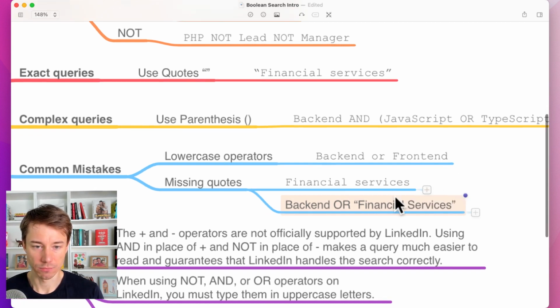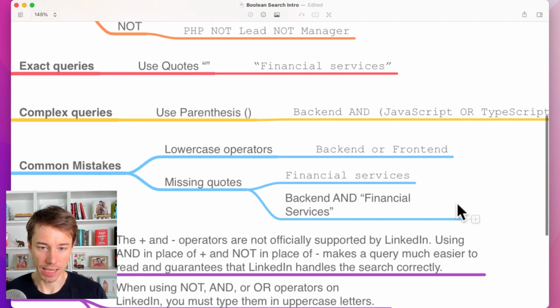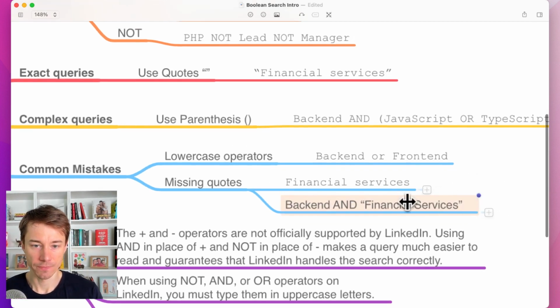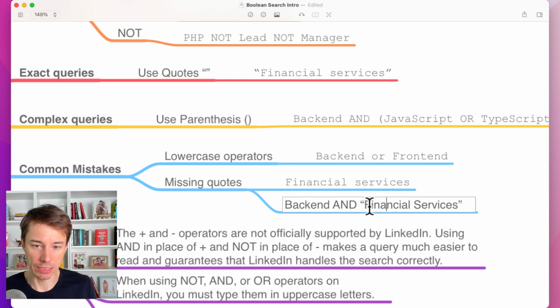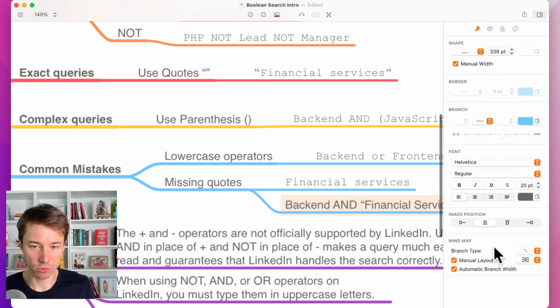Okay, but most likely in a real world scenario, you would type backend and financial services, okay, with quotes. And so you are looking for backend developers, backend engineers who have experience in financial services. Okay, so it's quite a common mistake. My colleagues also often forget it, so don't stress too much about it.